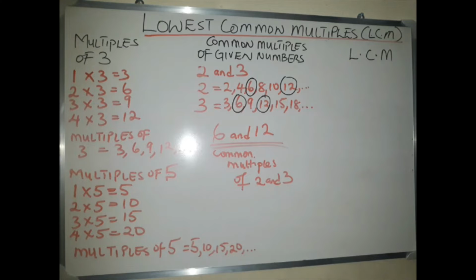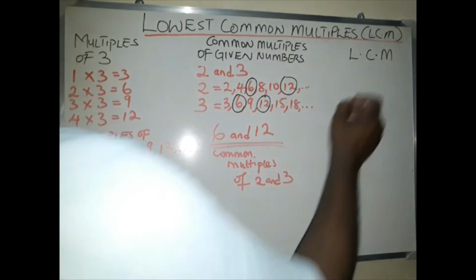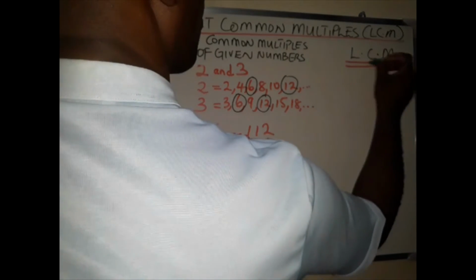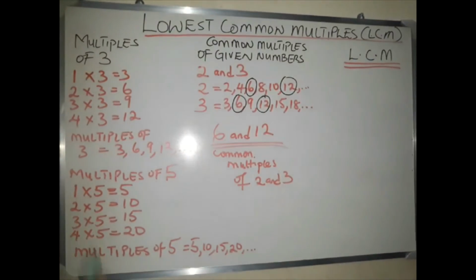Now, one thing we need to know is that in most cases, we are asked to find the lowest common multiple of 2 or more numbers.